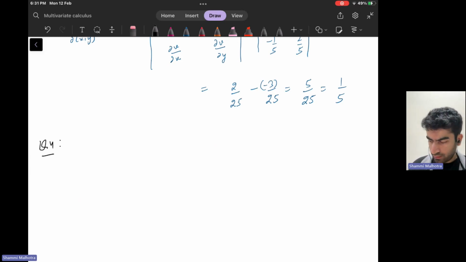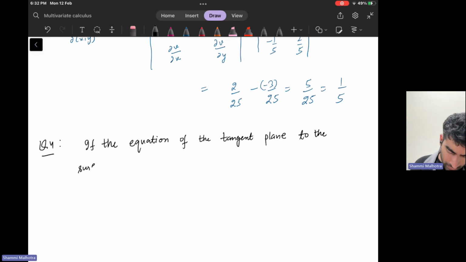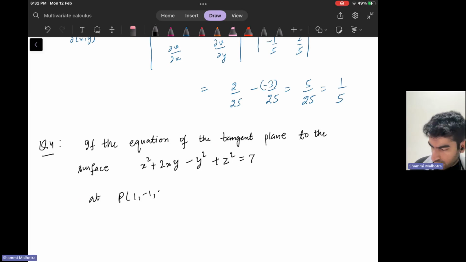So what we have to evaluate: the equation of the tangent plane to the surface x square plus 2xy minus y square plus z square equal to 7 at point 1, minus 1, 3 is alpha x plus beta y plus gamma z equal to 14.